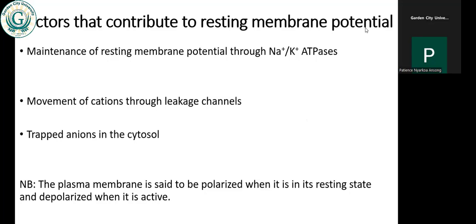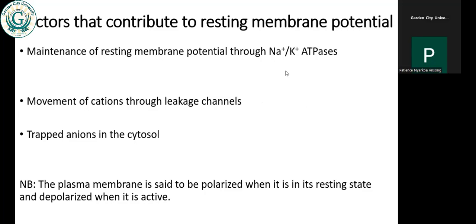We mentioned that the sodium-potassium ATPase transports 3 sodium out, 2 potassium in. So if 3 plus out, 2 plus in, meaning there is -1 inside, and you have a lot of these sodium-potassium ATPase transporting sodium and potassium accordingly, therefore, within the cell, you have a negative environment compared to the outside.